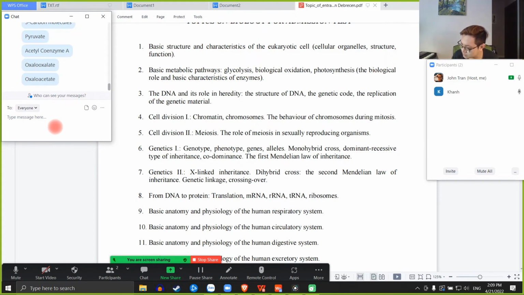The hydrogen carriers, NAD and FAD, carry the hydrogen atoms released from glycolysis and the Krebs cycle to the outer membranes of the mitochondrion.